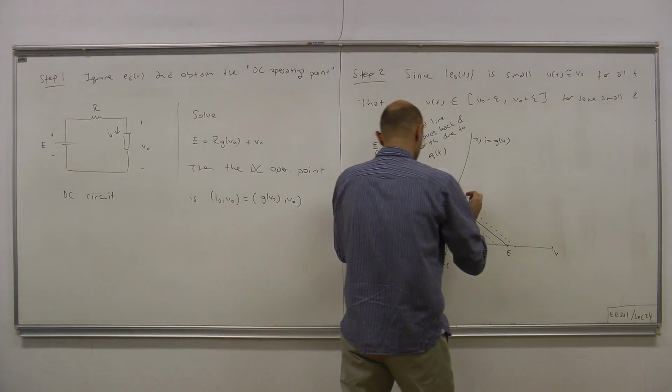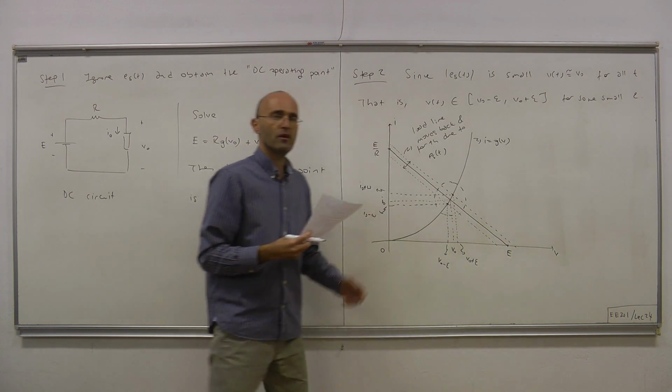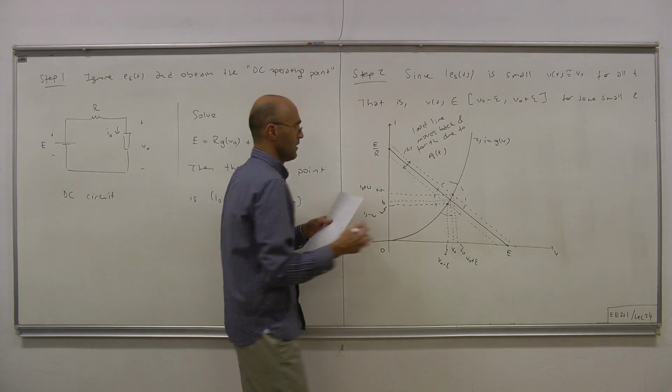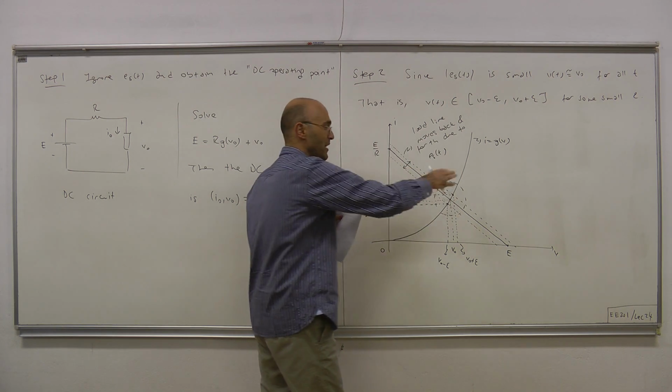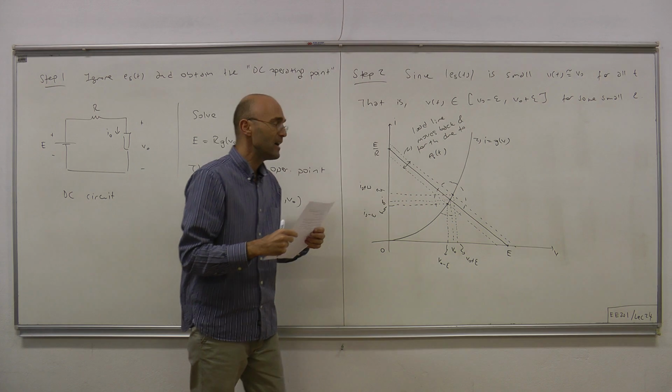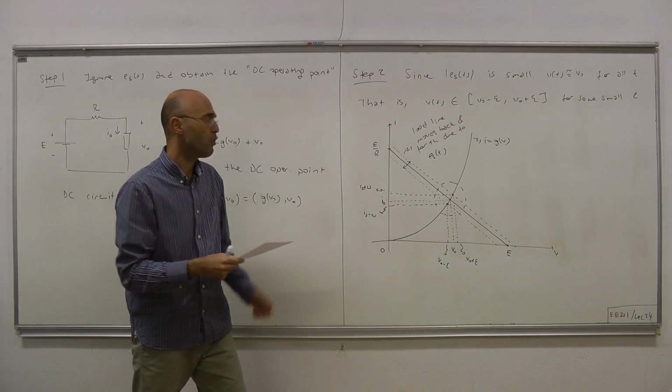Now let's concentrate on what's going on here. We have the DC operating point here, and due to ES of t, the load line moves back and forth, and as it moves back and forth, at each time it intersects the I equals GV curve at a different point.